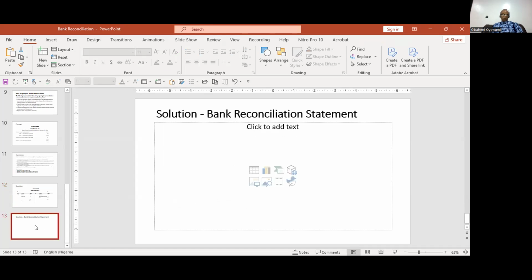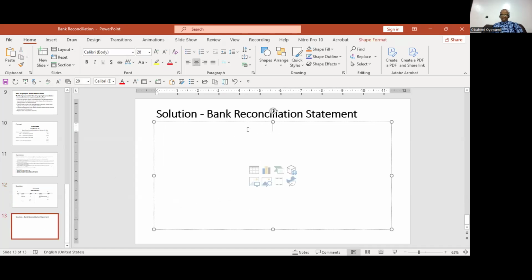So let's go to our bank reconciliation now. The name of the company is ROI Limited. And what are we doing? Bank reconciliation statement as at June 30, 2024.